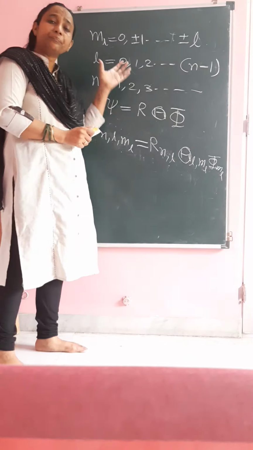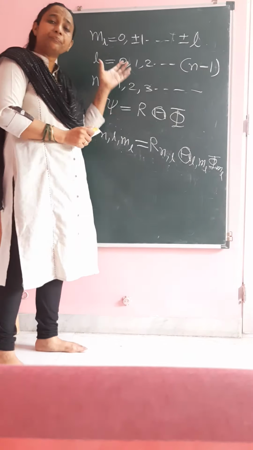We'll take the ground state first. So we have n equal to 1. I hope you are clear with the concept of the ground state. If n is equal to 1, then what can be the value of l? l can go only up to n minus 1, so l can be only 0. And if l is 0, ml, which can go up to plus minus l, will also only be 0.